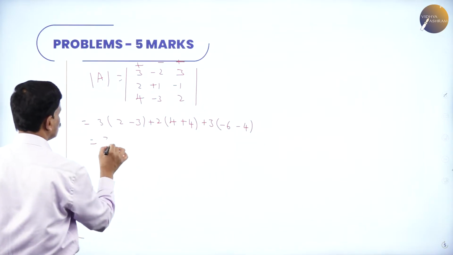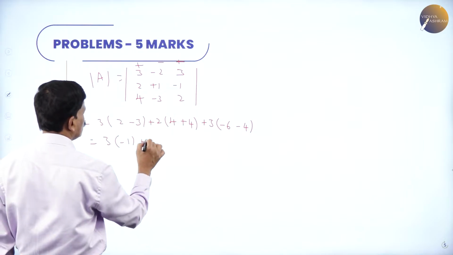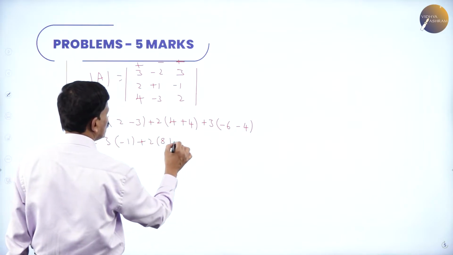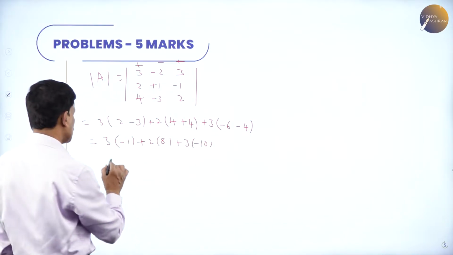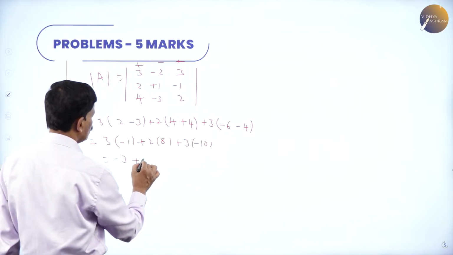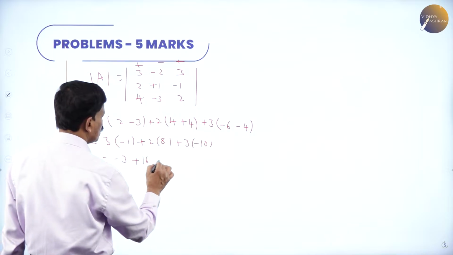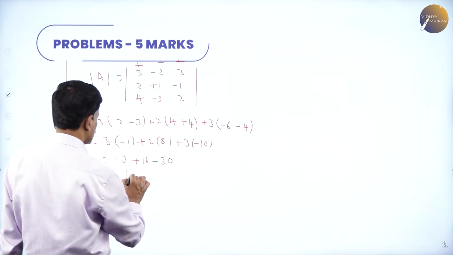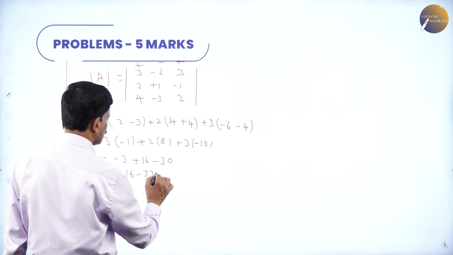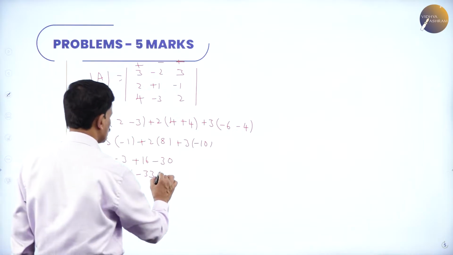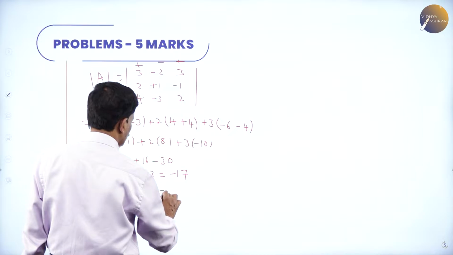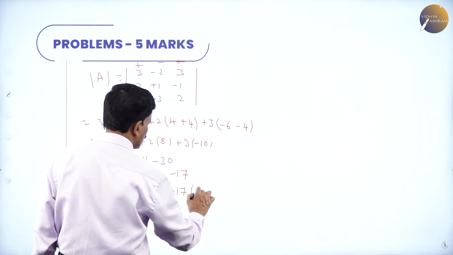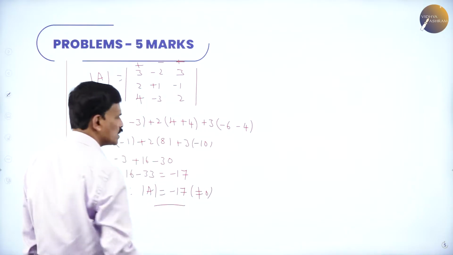So, this is equal to 2 minus 3 is minus 1, 4 plus 4 is 8, plus 3 into minus 6 minus 4 is minus 10, minus 3, plus 8 2s are 16, minus 30. So, 16 minus 33 is equal to minus 17. Therefore, determinant of A is equal to minus 17, not equal to 0, the inverse exists.